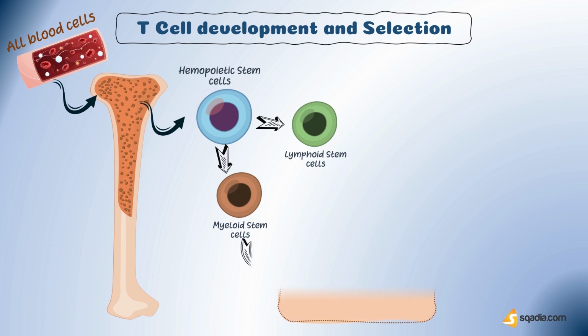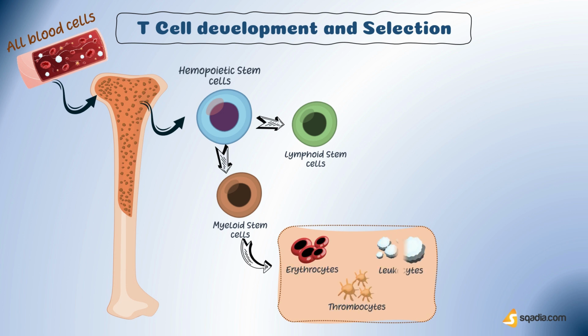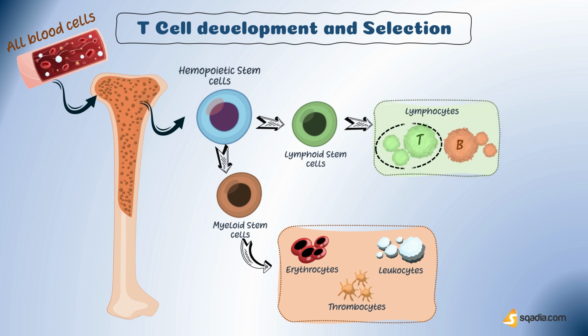Myeloid lineage then produces all other types of blood cells, including erythrocytes, thrombocytes, and leukocytes, except lymphocytes, because lymphocytes are produced by the lymphoid lineage cells. And here our concern is with T-lymphocytes. From this discussion, we get to know that the precursor cells required for the biosynthesis of T-lymphocytes are produced within the bone marrow.